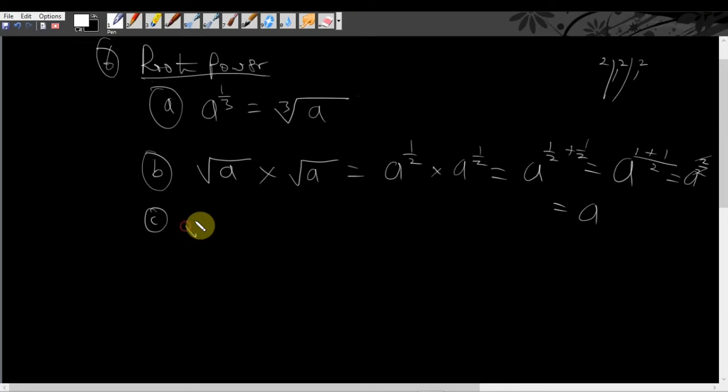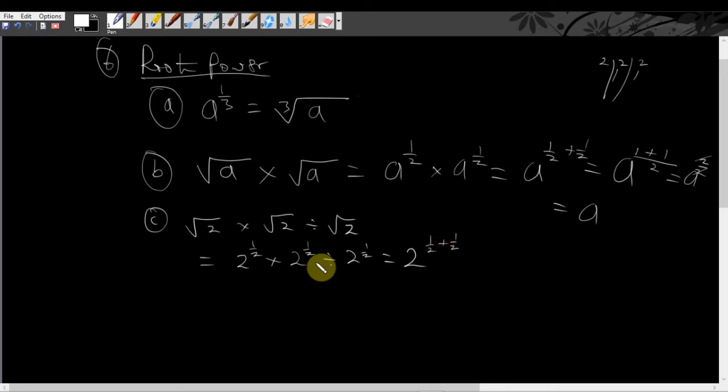Let's say this one is C. Let's say we have square root of 2 multiplied by square root of 2 divided by square root of 2. You can solve it the same way we did the second one. This is 2 to the power 1 over 2 multiplied by 2 to the power 1 over 2 divided by 2 to the power 1 over 2. This gives us 2 to the power 1 over 2 plus 1 over 2, because of the multiplication.